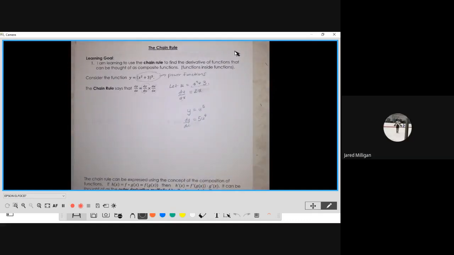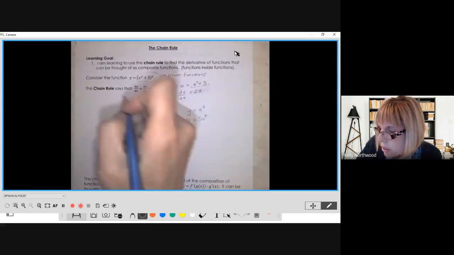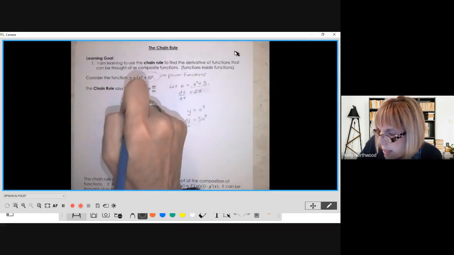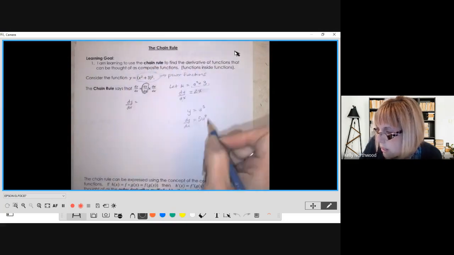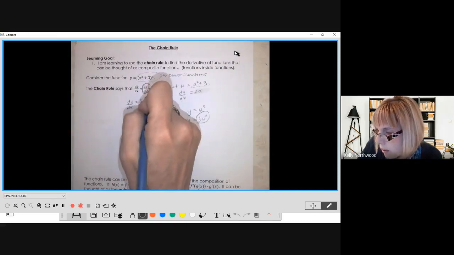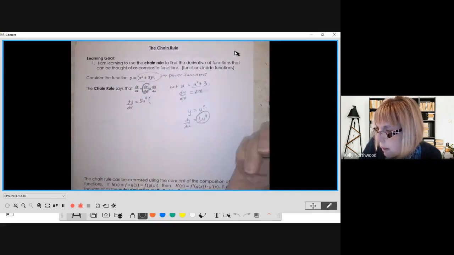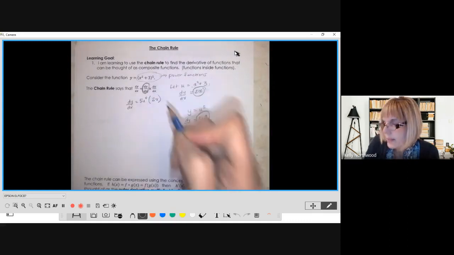Okay, so now if we use the chain rule, it says that dy by dx is dy by du, which is 5u to the 4th, multiplied by du by dx, which is 2x.